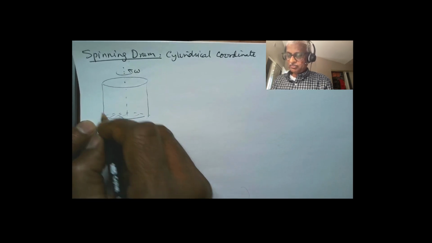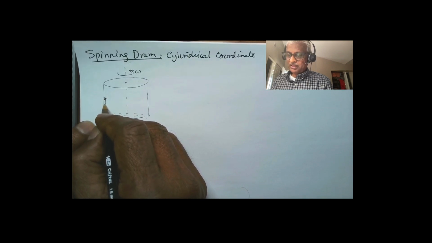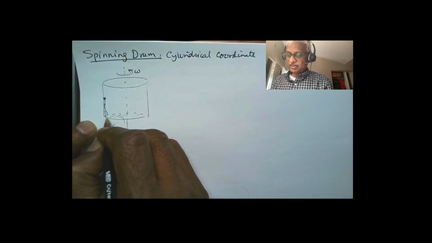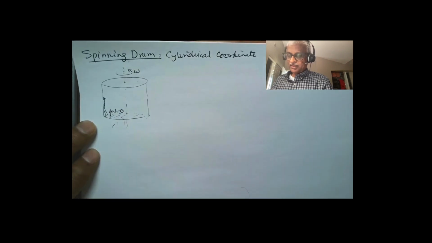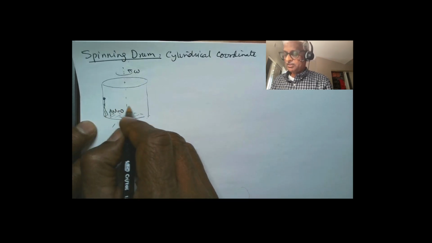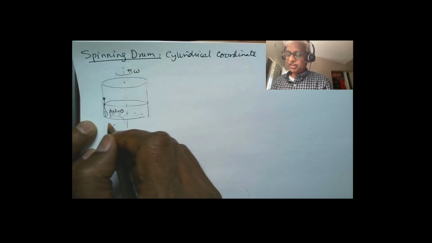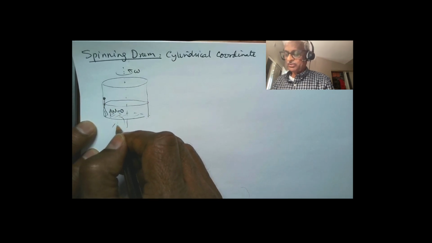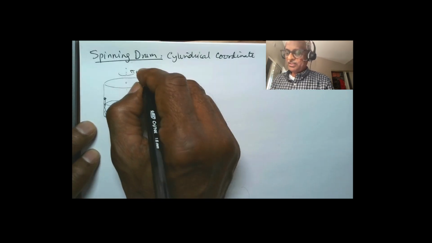So there's no bottom, and if a person is standing here, there is no normal force, and this person actually keeps spinning in a circle without being supported below. So the question is, what is the rate?